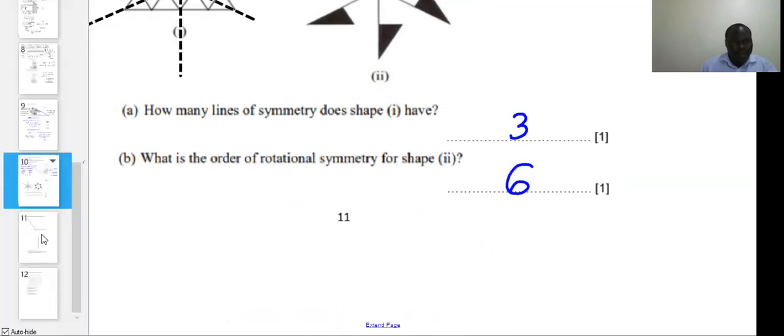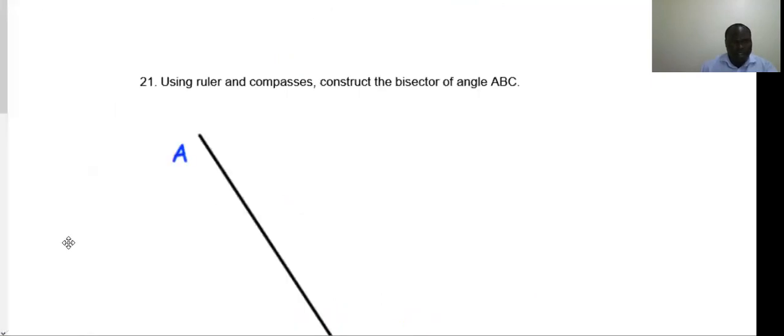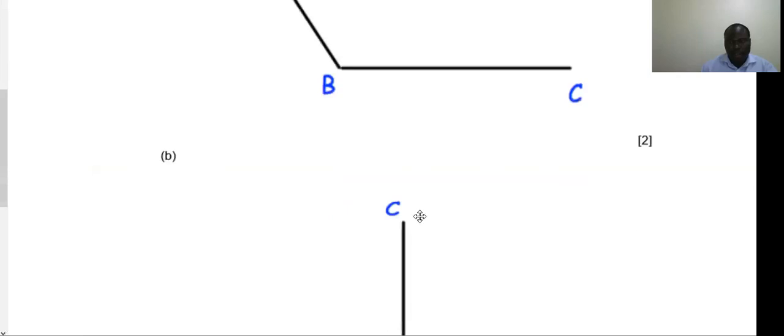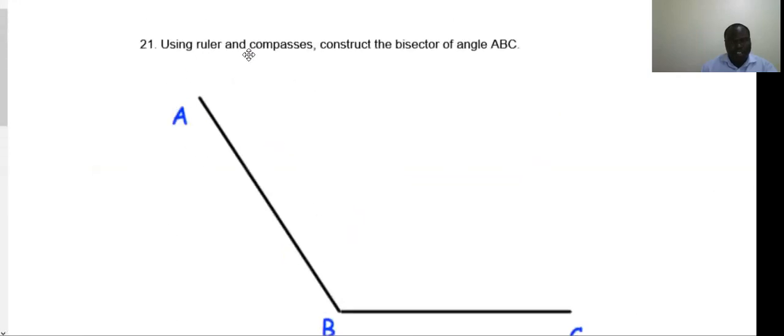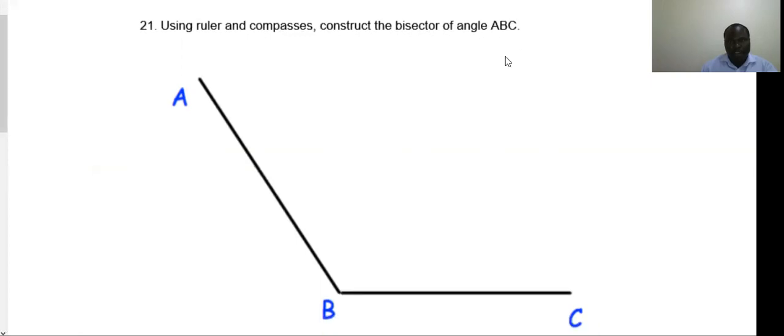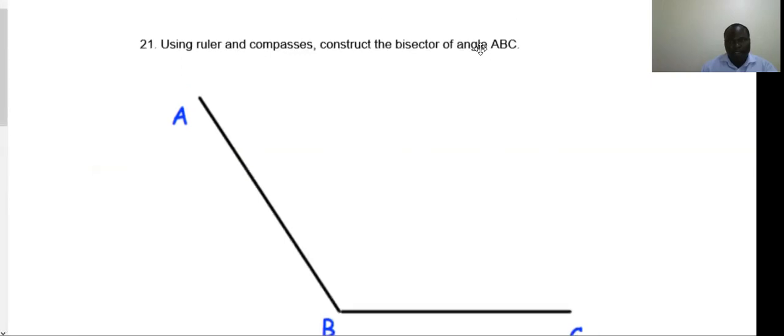Lastly but not least, we have this: using a ruler and a compass, construct the bisector of angle ABC. Now, the bisector of an angle is any line that passes through the center.